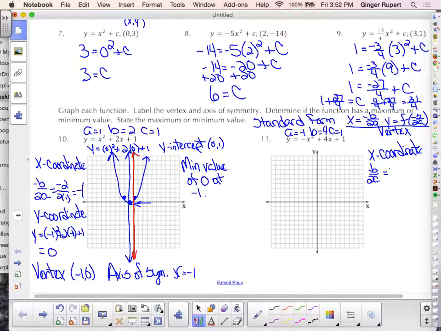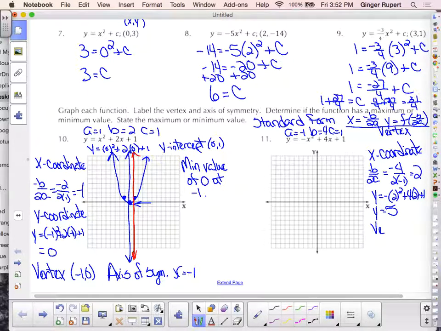That means I have -4 over 2 times -1, which is going to give me the x-coordinate of my vertex at 2. Then to find the y-coordinate, I'll substitute that in: minus, and then in parentheses, 2 squared plus 4 times 2 plus 1. That's going to give me the y-coordinate at 5.